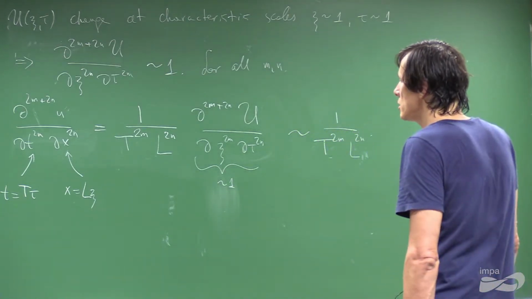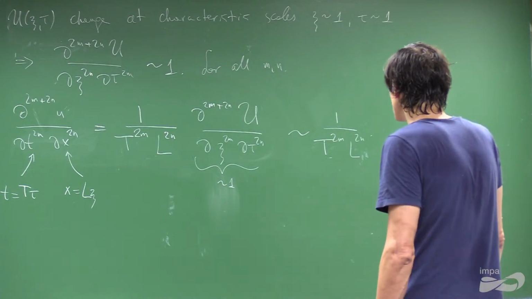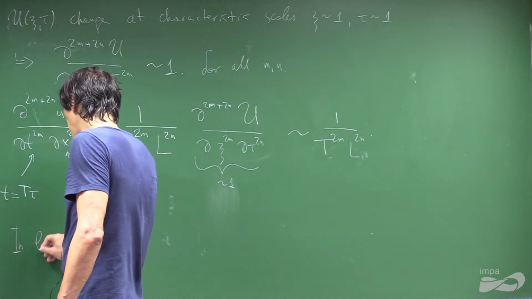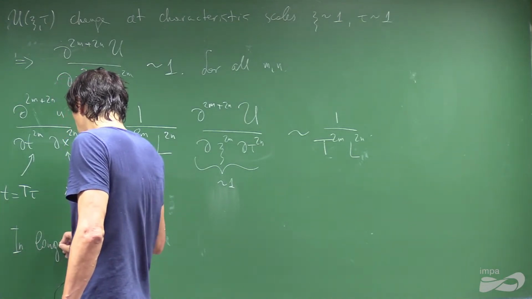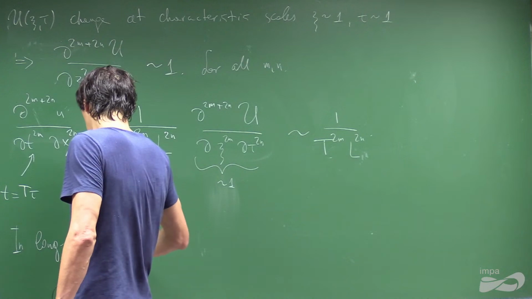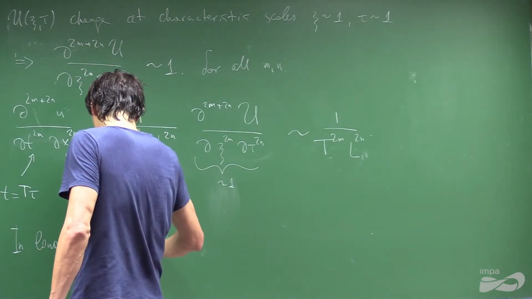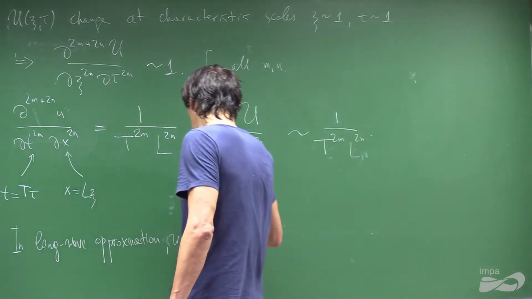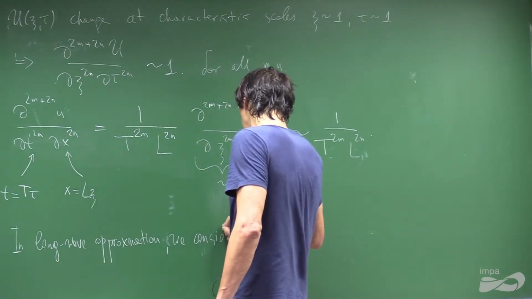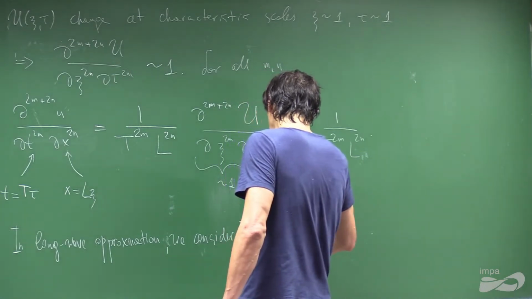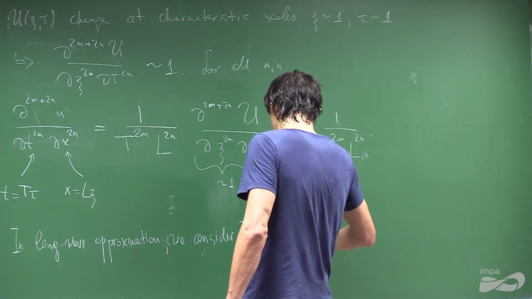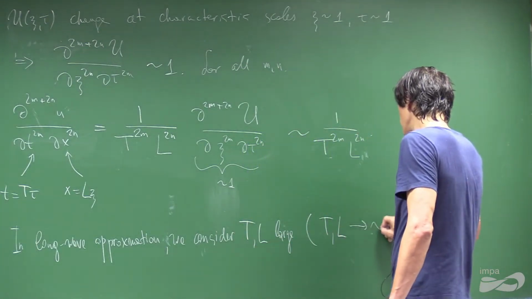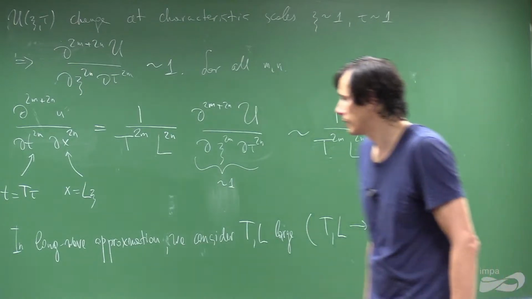So what you see is that in long wave approximation, we consider T and L large. So in mathematical words, they both ascend to infinity asymptotically.